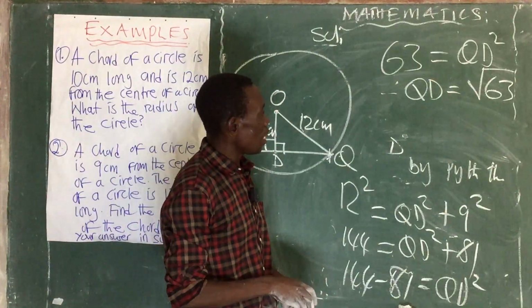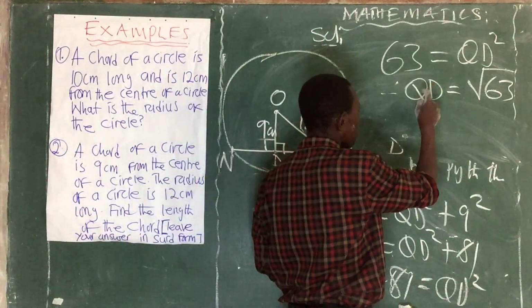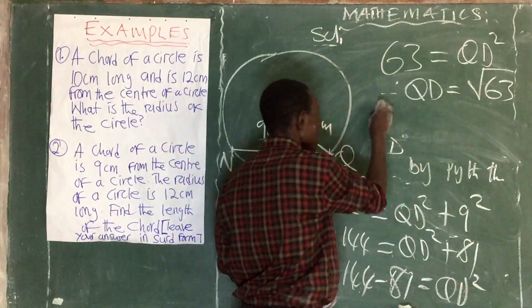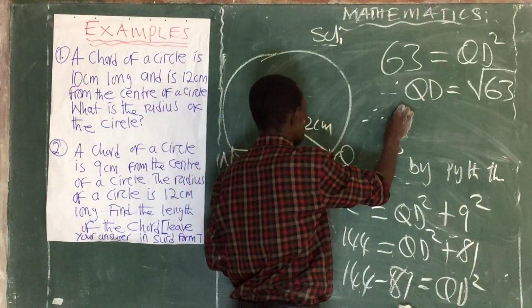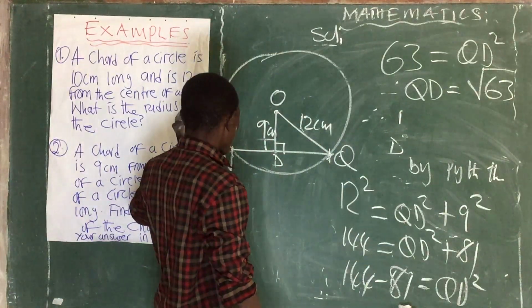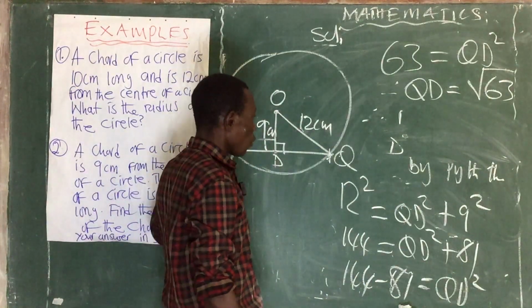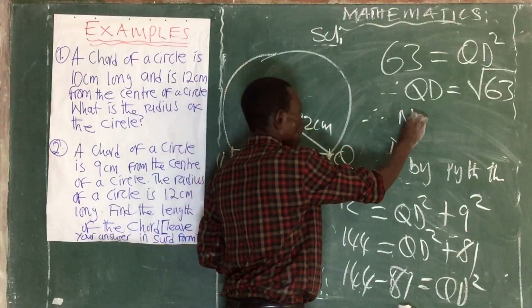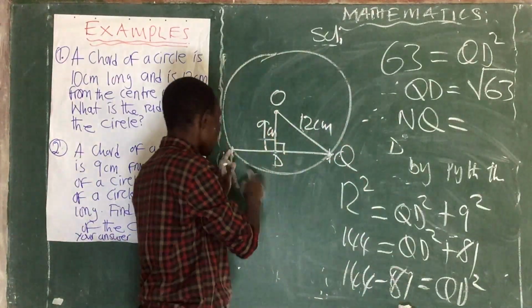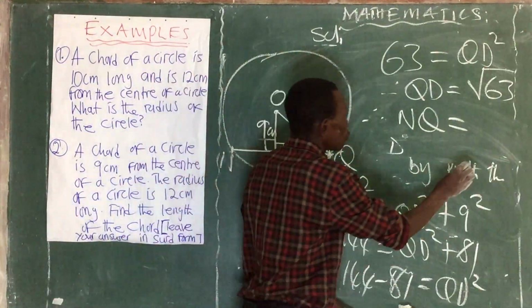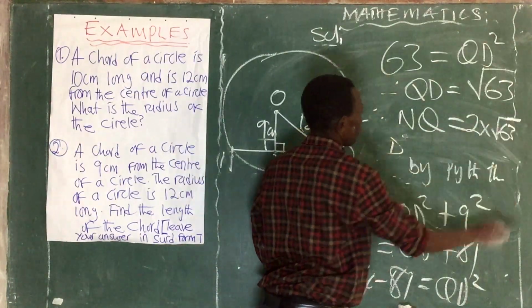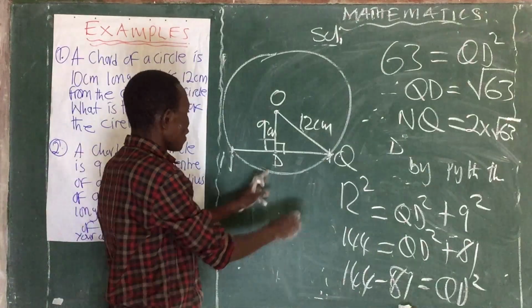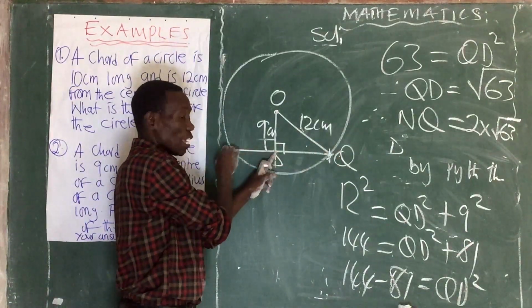What you do is, if QD is this, then the value of chord NQ should be equal to 2 times the square root of 63, because the square root of 63 is just part of NQ.